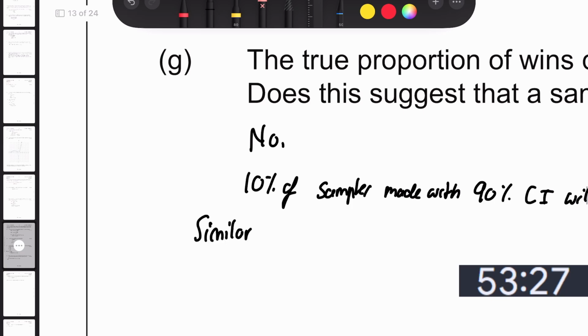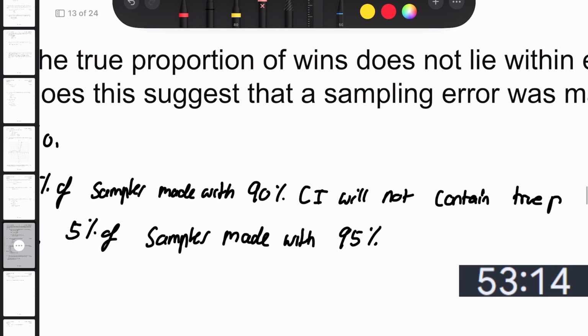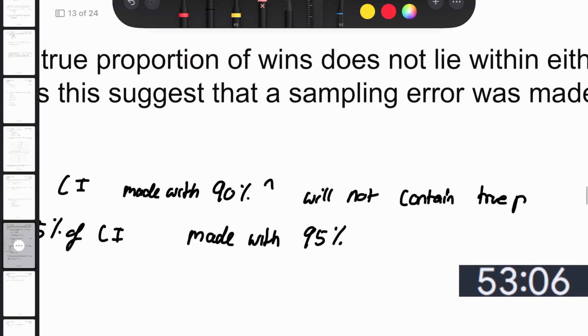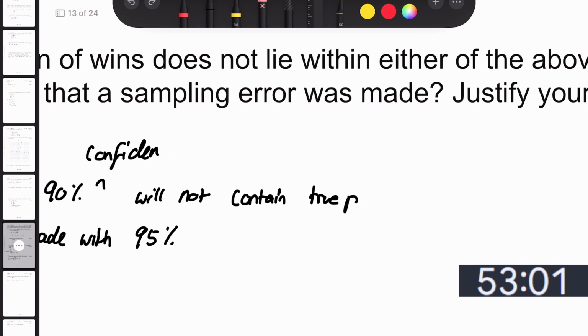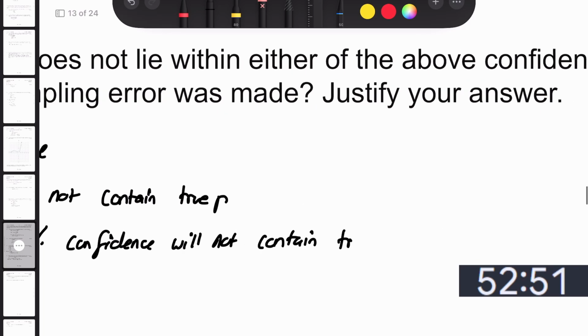Similarly, 5% of samples made with 95% confidence intervals will not contain the true p.